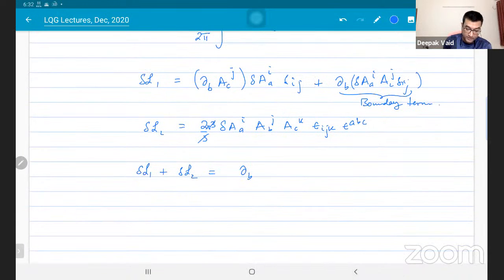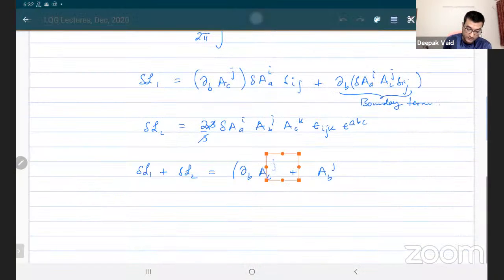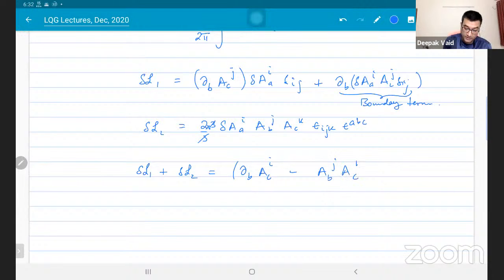what you get looks like this, something like DBACJ plus AB. If I want to be careful with the indices, AB, CK, epsilon IJK, epsilon ABC, delta A. So this is BC, delta A, and then which index is missing?